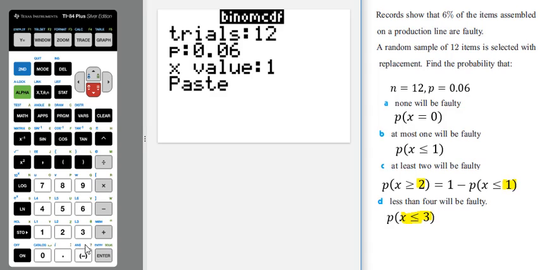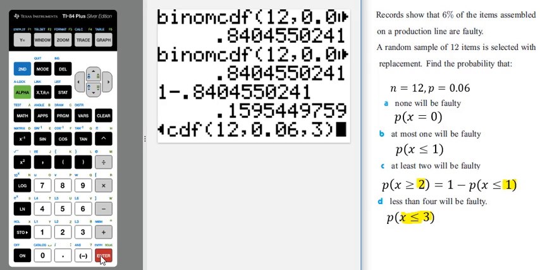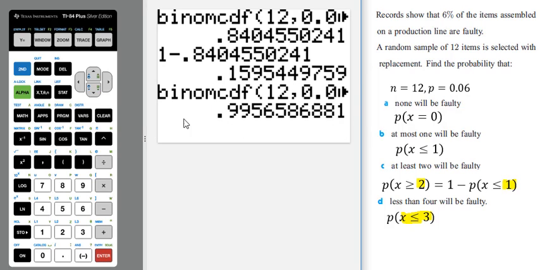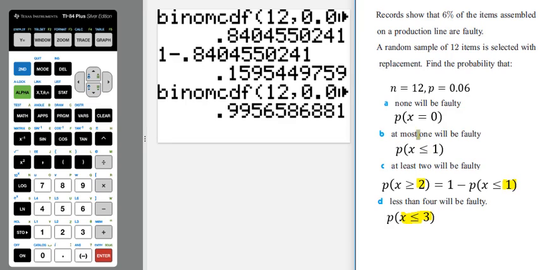This will be 3. Then enter. You will get 0.996.